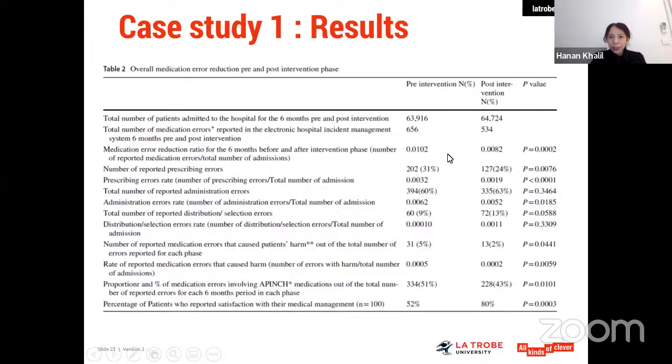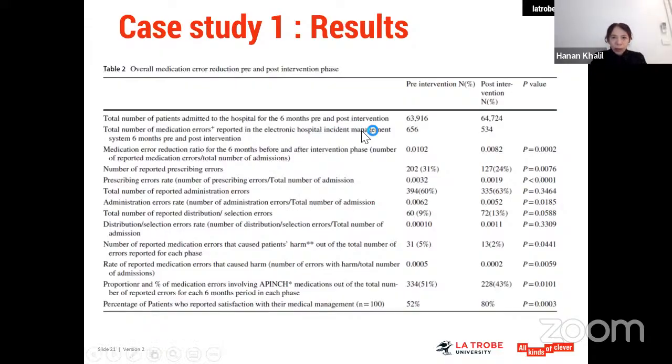You've got pre-intervention, so that's the baseline, and post-intervention, so that's after, which is 6 months after. And that's the difference in p-value between the baseline data and the post-intervention data. As you can see, the p-value was significant for all of the outcomes.